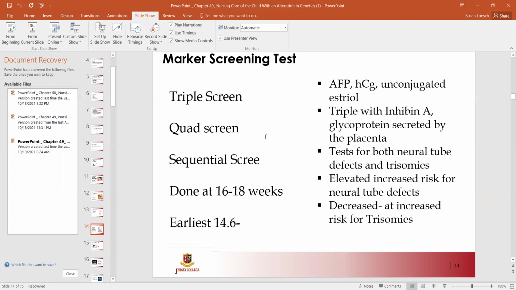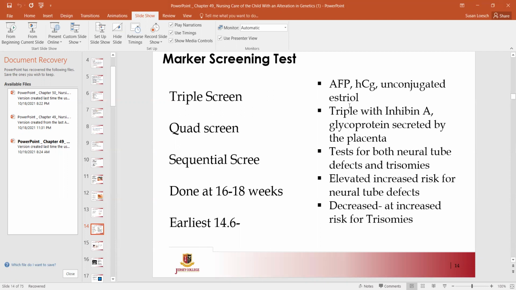The triple screen, quad screen, sequential screen. This is done at 16 to 18 weeks. Okay, so we're looking at those three things: the alpha fetoprotein, the HCG, and the unconjugated estriol. For this one, we're testing for both neural tube defects and the trisomies. Okay, remember trisomies are, we have 3 chromosomes instead of 2.